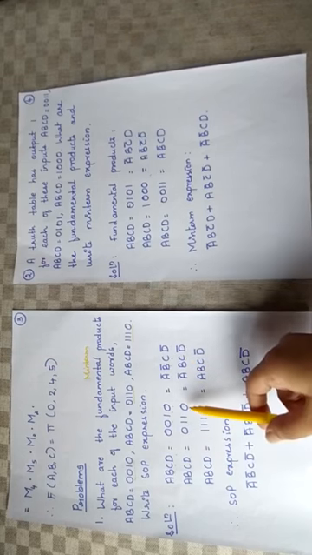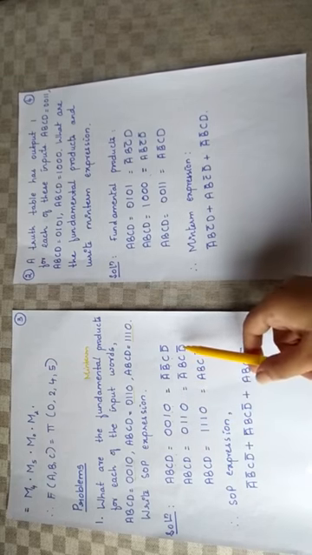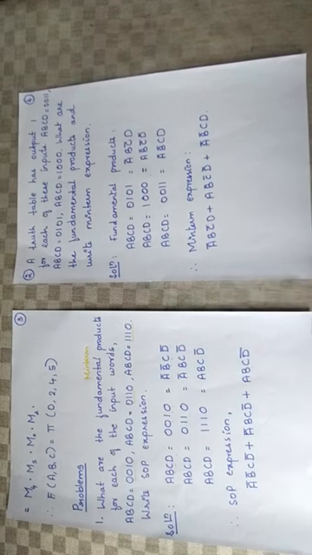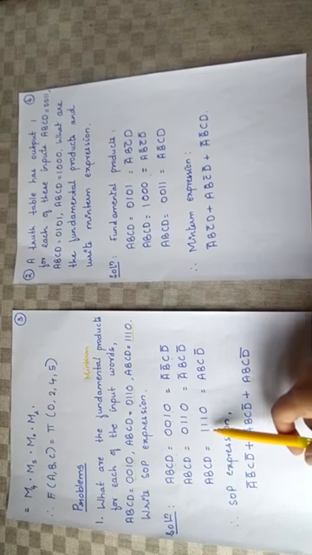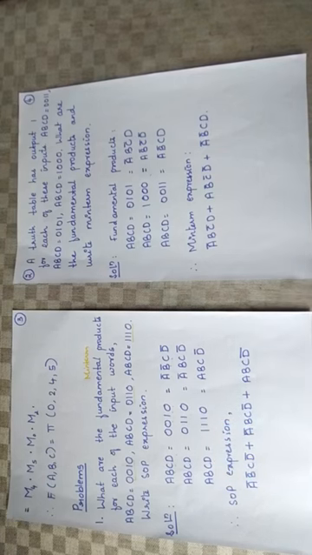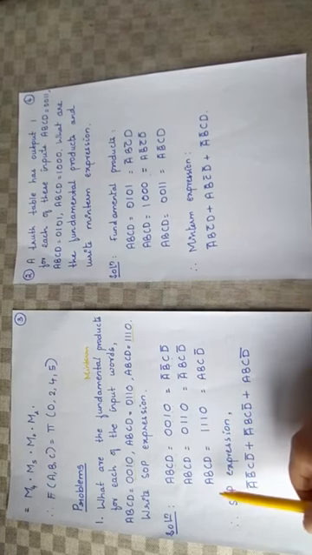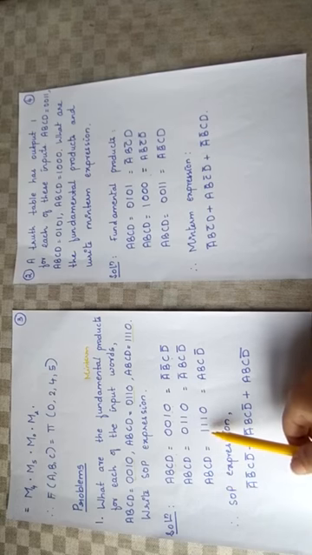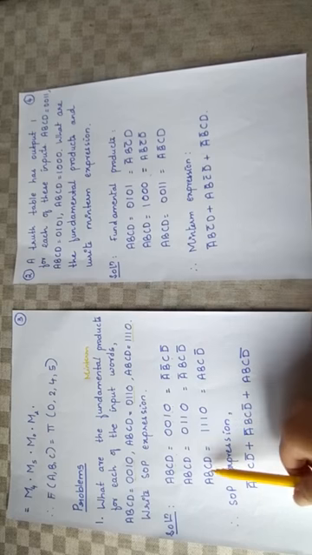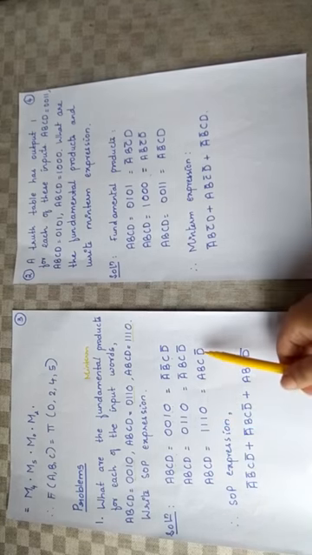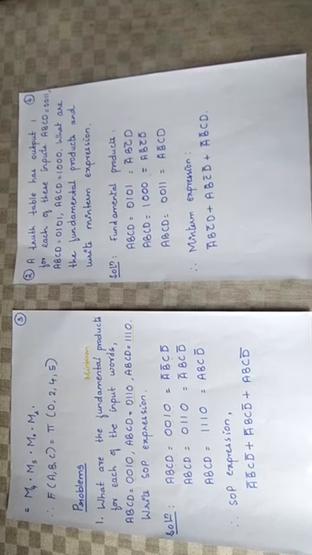D is holding value 0, so it will be D complement. Now let's take the next one, A, B, C, D with the value 1, 1, 1, 0. Now let's write the min term. A is holding the value 1, so A as it is. B is holding 1, B. C is holding 1, C. D is holding value 0, so it will be D complement.